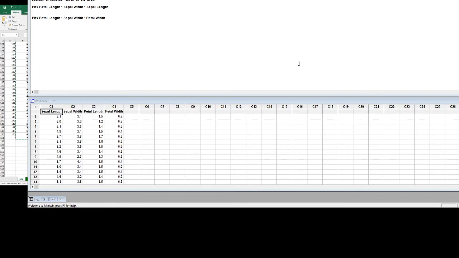Let me take petal width on the Z axis. Now here I will take, say, sepal width and sepal length.